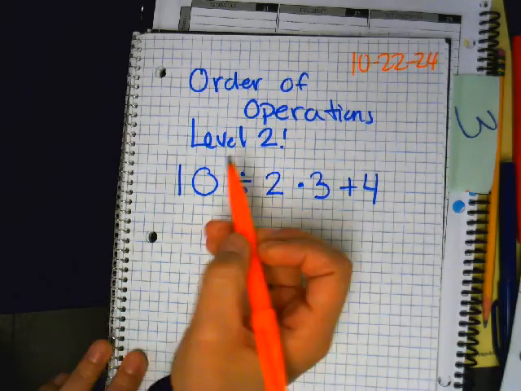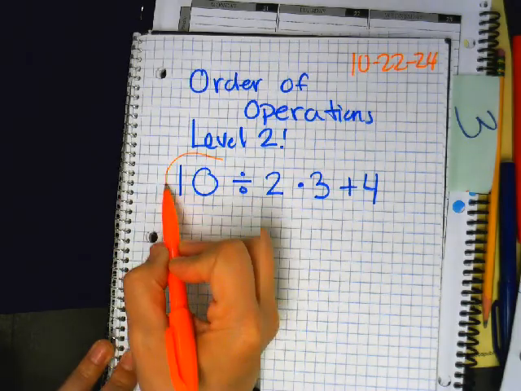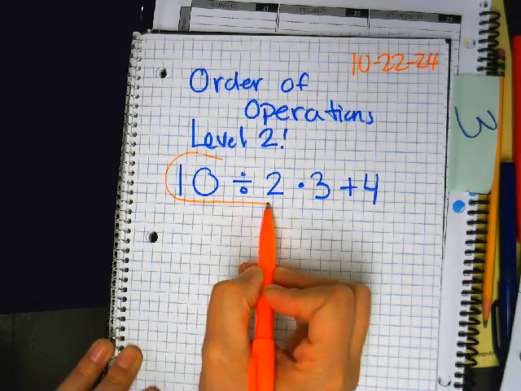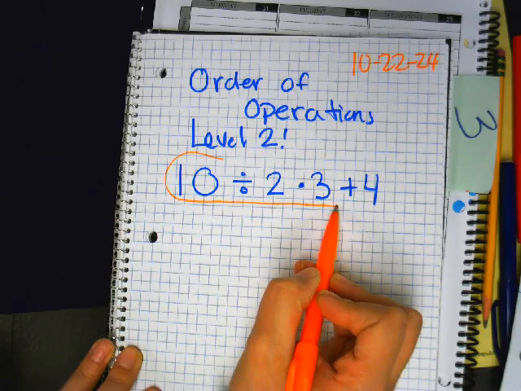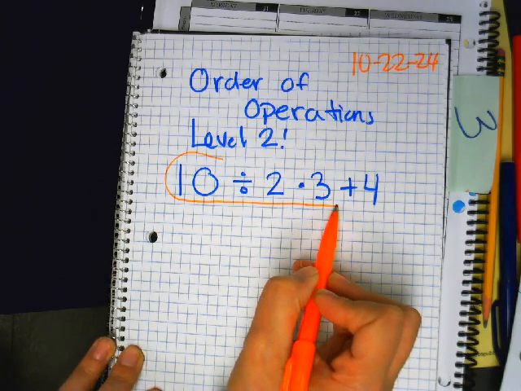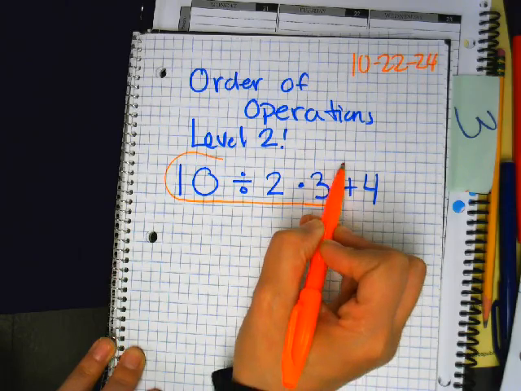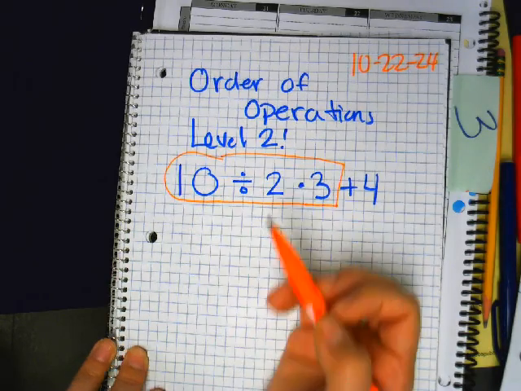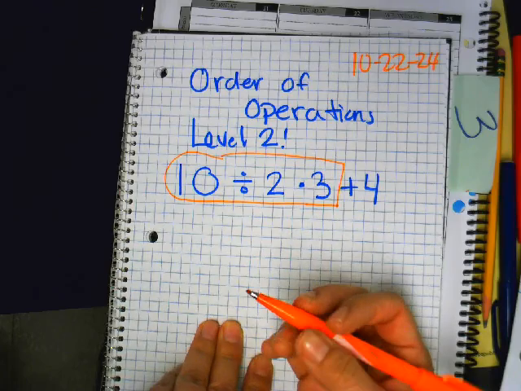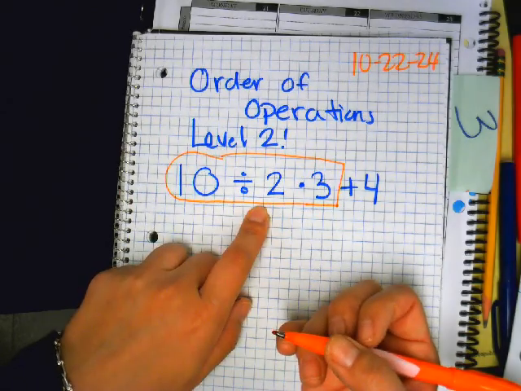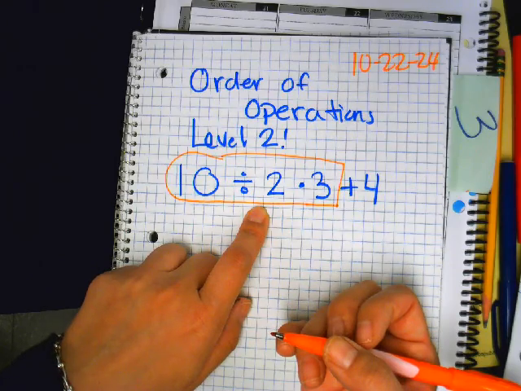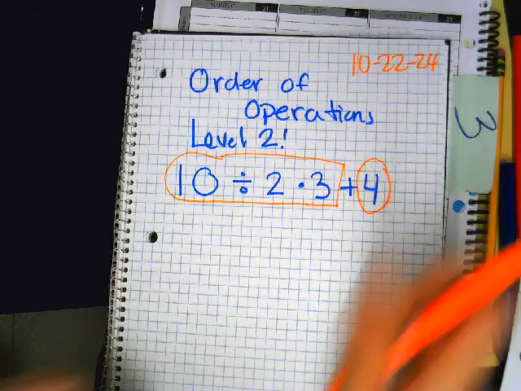So I'm going to start circling the 10, then the divide, then the 2, then the multiplication, then the 3. Oh, I see a plus sign, so I stop circling right now, just like so, nice and neat. It's 15. And then we circle the 4.